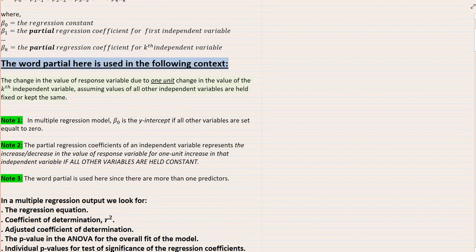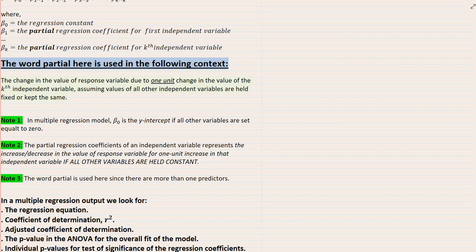Now, when we say partial here, I have a paragraph for you. So what do we mean by partial coefficient? The word partial means portion of the total. So what that means in turn is that this would be a change in value of dependent variable for 1 unit change in the value of independent variable, assuming all other independent variables are held constant.